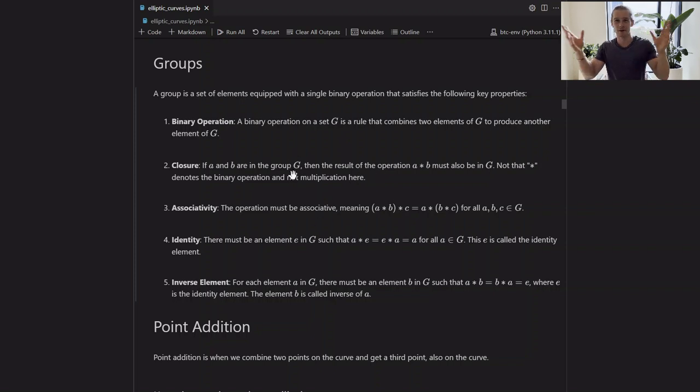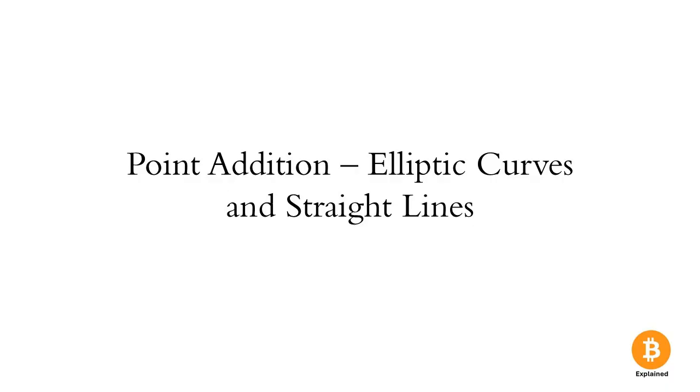So we can define the binary operation to do an operation on the elements in any way possible as long as when we do that operation it follows all of these principles here. This is really, really cool because it allows us to create our own definitions for operations, which is exactly what we do for point addition. So yeah, let's look at point addition.